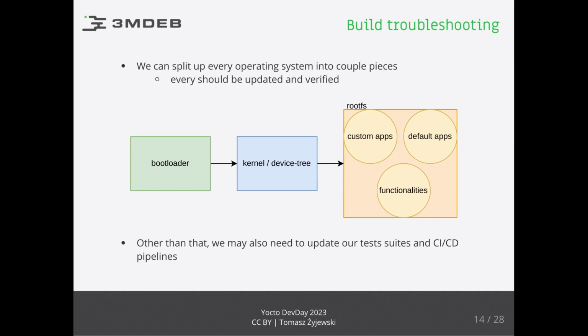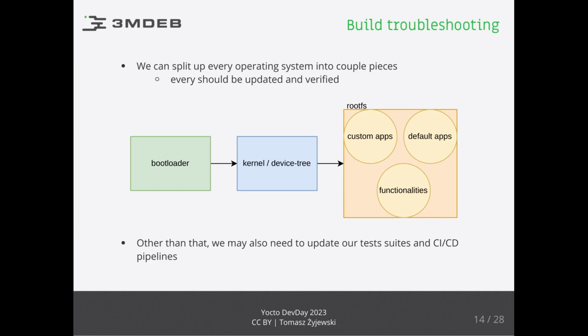With the applications, we need to check their configuration, if they compile properly and are installed as they should be. And about functionalities, we just need to test them using our test suites prepared previously, and probably test them until all of them pass.